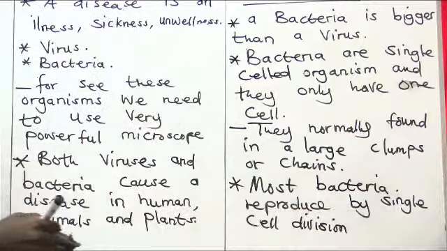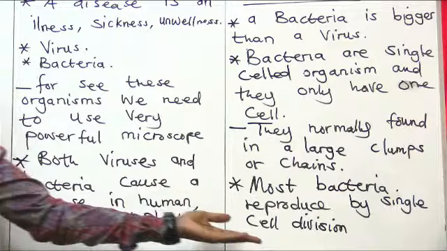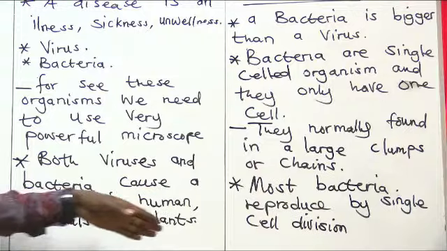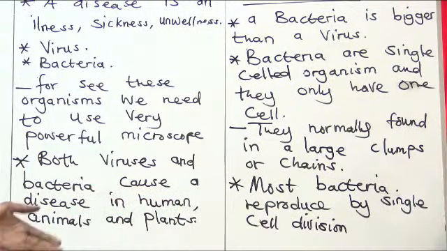Okay, so the way these bacteria reproduce and the way viruses reproduce are different. They don't reproduce rapidly like the viruses. They are only produced by a single cell division.